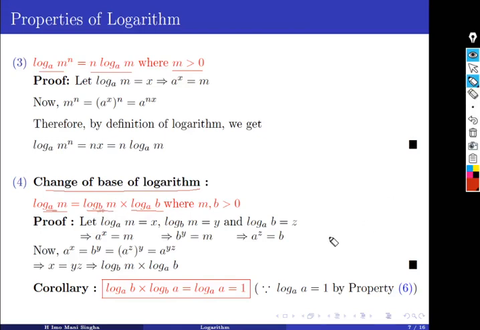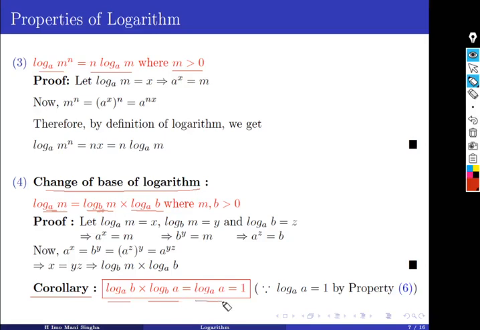Now look at the corollary. The proof is very simple. The corollary is very important. You see here, if I have log of b base a product log of a base b, then I can write log of a base a.